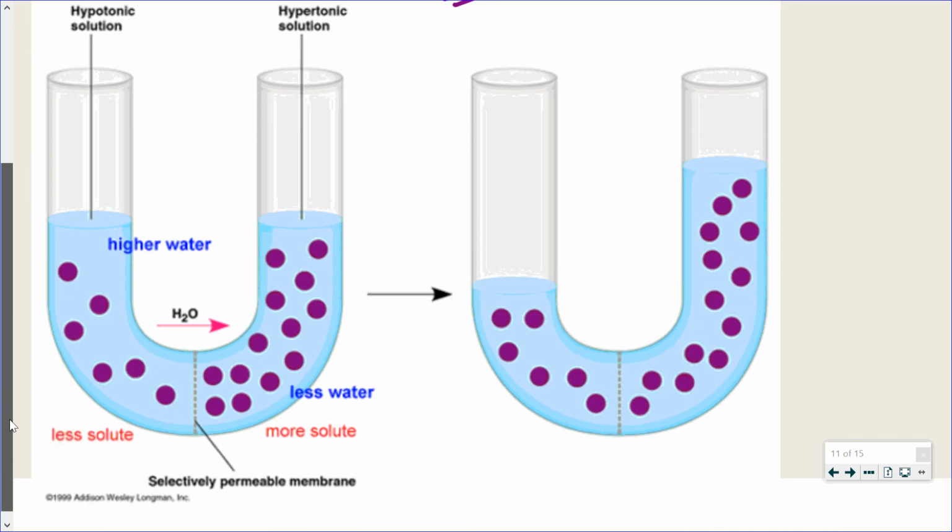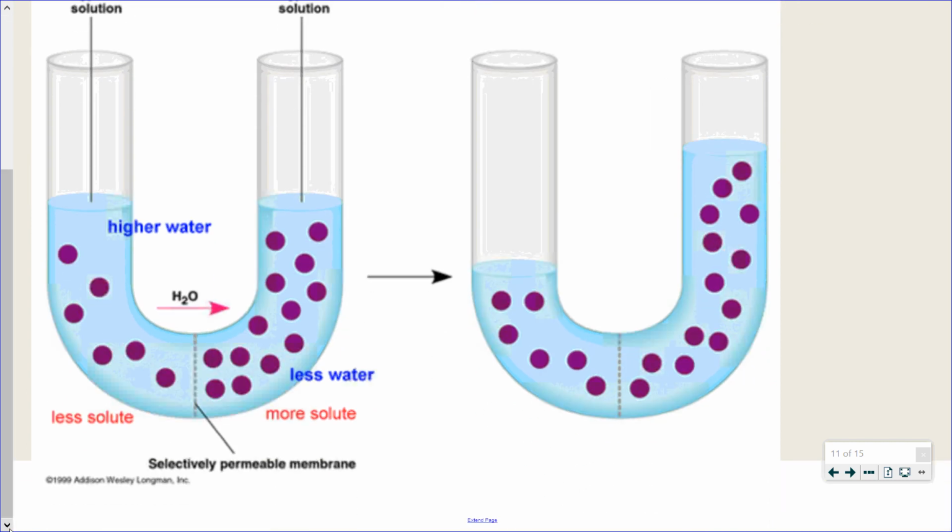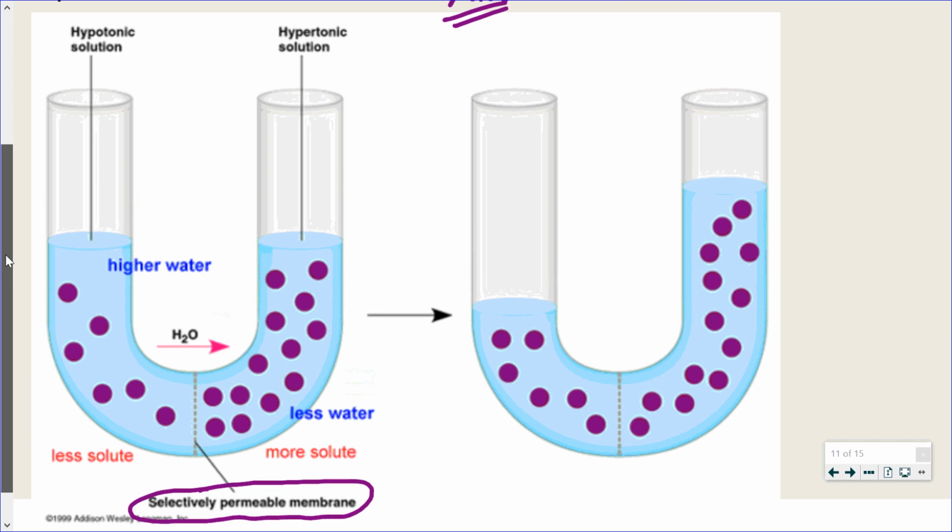So if we take a look at this U-tube that we have here, this is an artificial membrane, but it is a selectively permeable membrane. And this is a membrane that only allows for the movement of water. So all of these purple solutes that we see here, they can't actually pass through the selectively permeable membrane. A couple of terms that we'll come back to here.